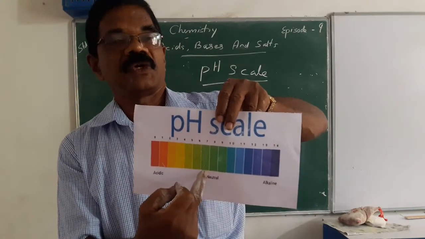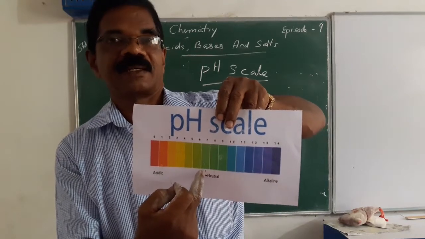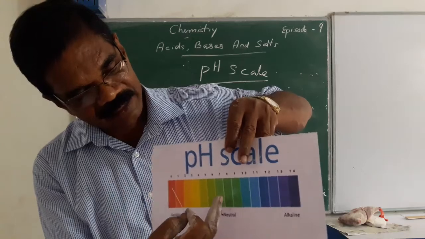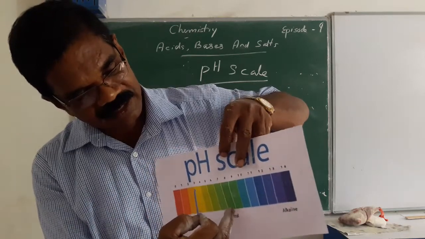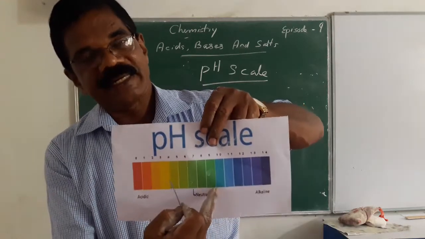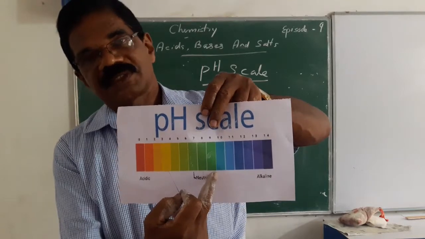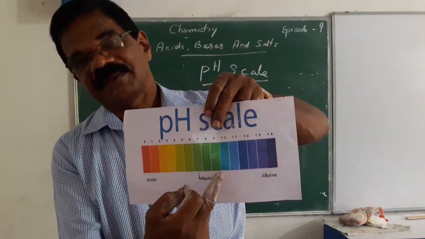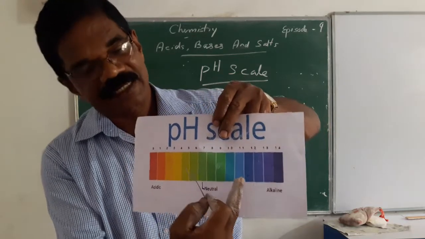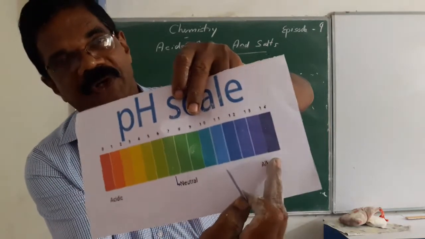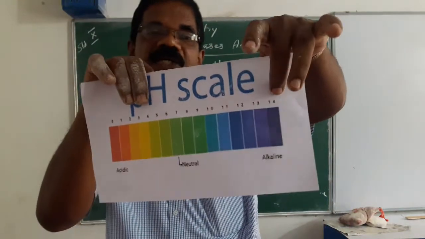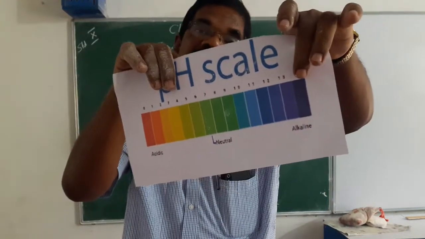That is the pH value of pure water. Then the color changes again and the bluish color increases. What does it show? Acidity decreases and at the same time basicity increases. It reaches up to 14, which is a strong alkali.